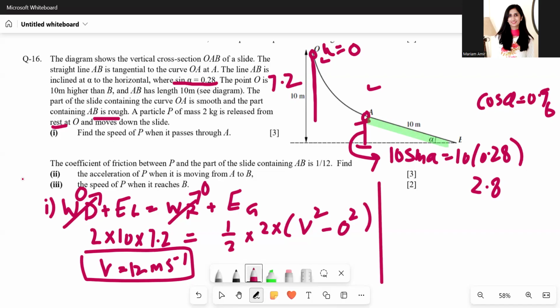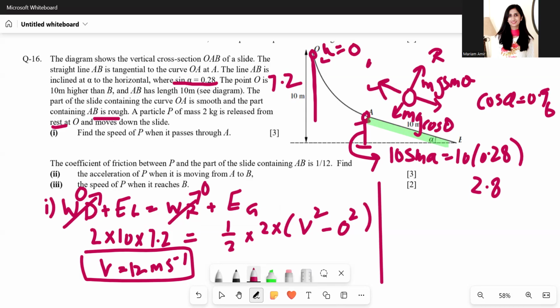If I draw the particle slightly above here, for clarity, this downward force will be mg sine theta. This would be R. This would be mg cos theta, the component of it. And this would be mu R. So forward force, which is mg sine theta, minus backward force, which is mu R, is equal to ma.